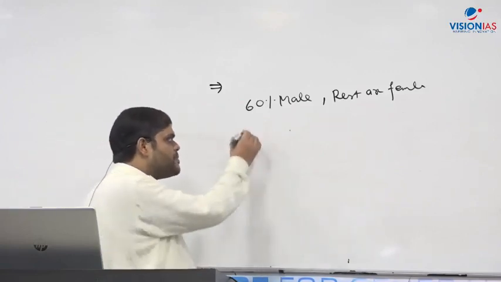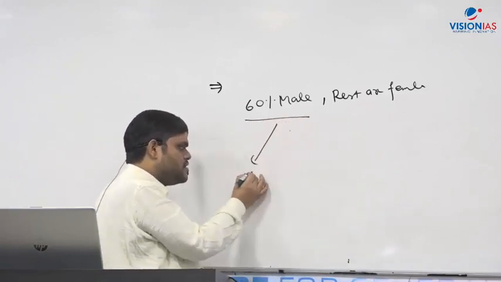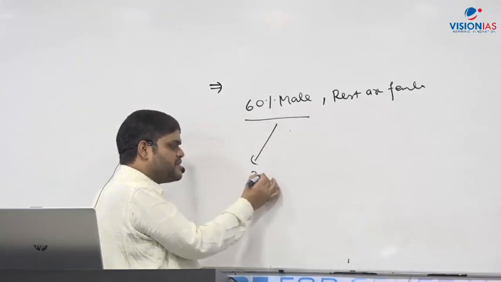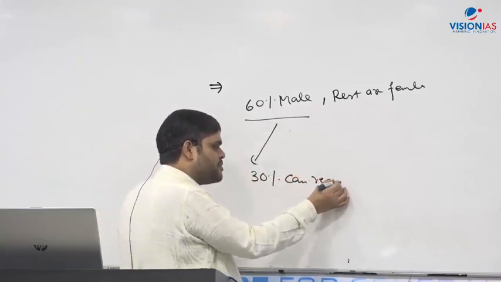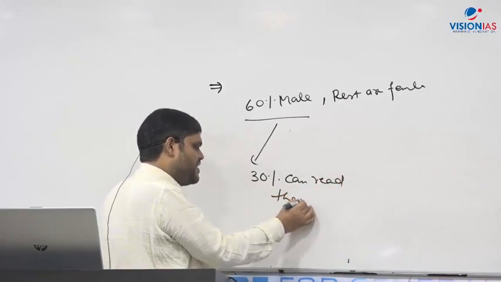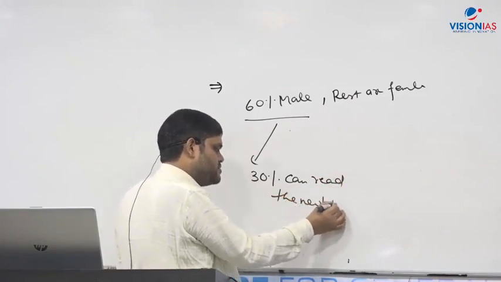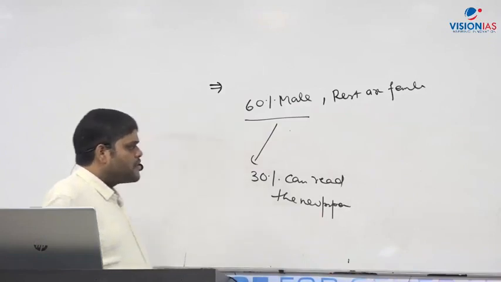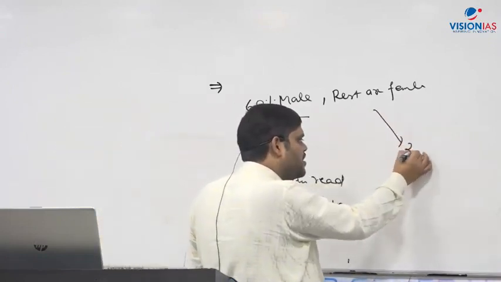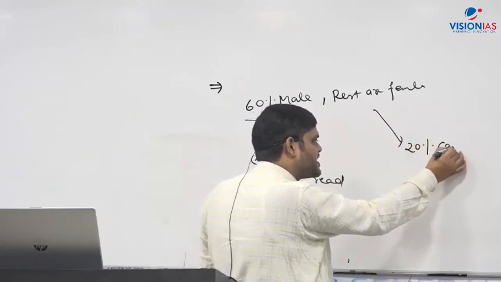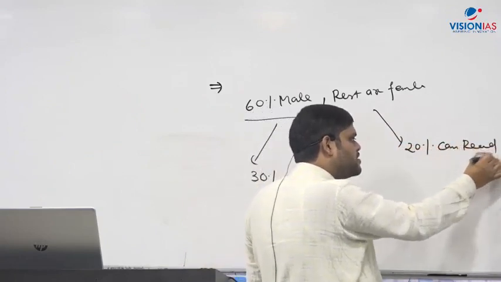Out of the 60% male, 30% can read the newspaper. Whereas out of female, only 20% can read the newspaper.